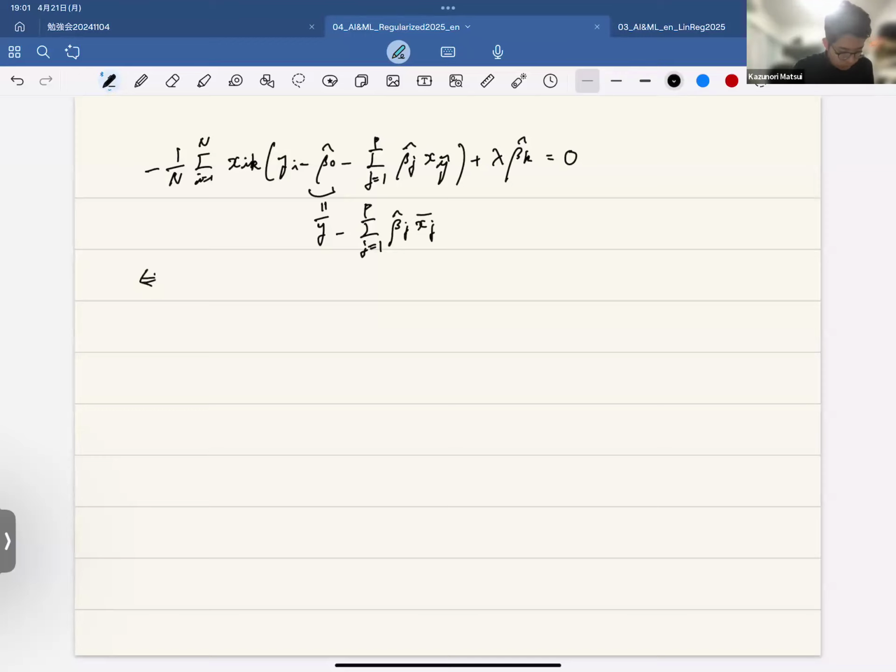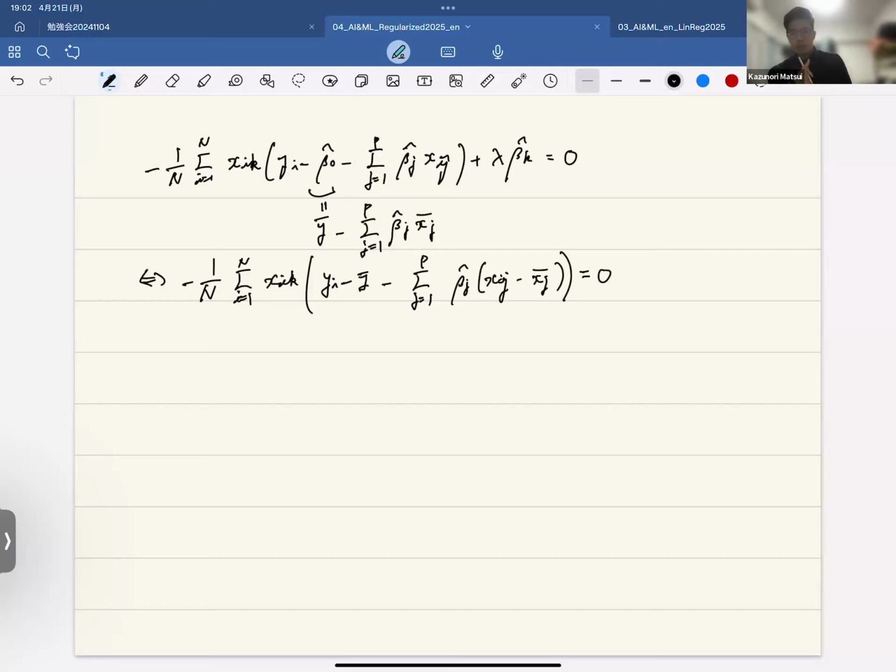So we get minus n over 1 times sum of xik times y bar minus the sum over j of beta j hat. Okay, so let's define variables with their means subtracted using a symbol with a tilde. So y tilde, and xij tilde.